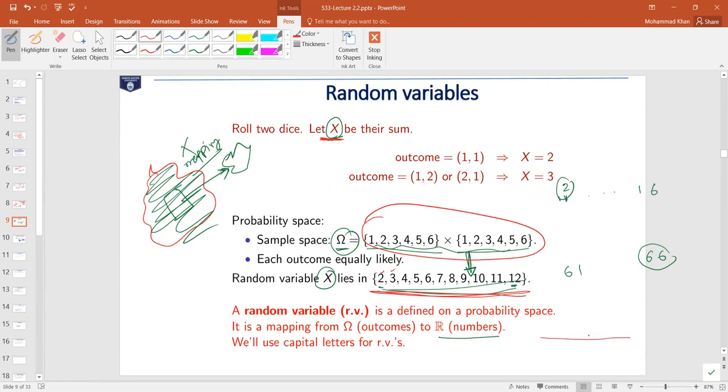For example, here, if we check for 2, maybe just one number. For 3, either 2, 1 or 1, 2, so 2 numbers.